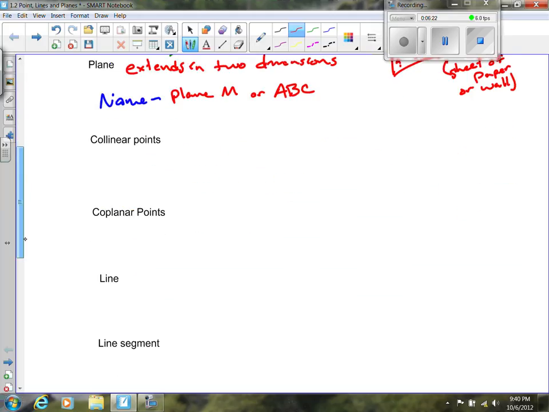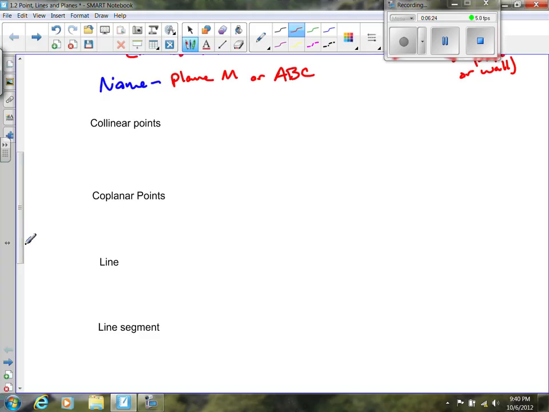And we still have some more vocabulary words. Okay, these things aren't going to go away after today. You need to know what collinear means and coplanar. Collinear is points that are on the same line.